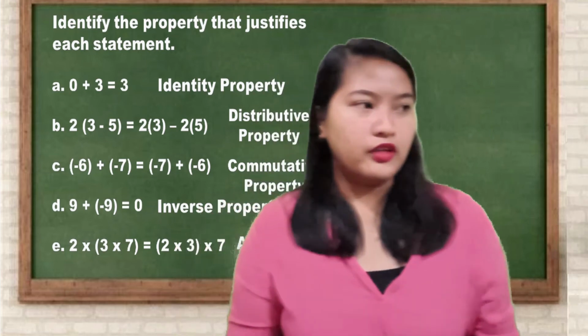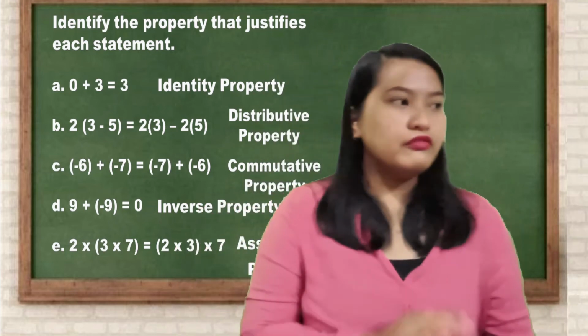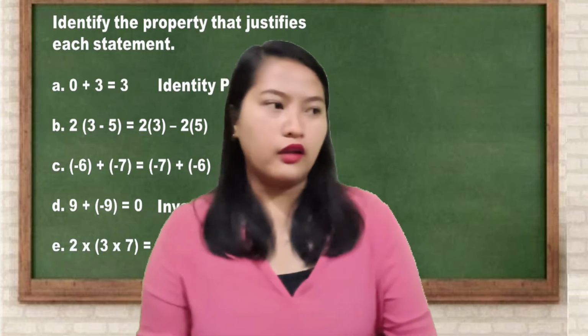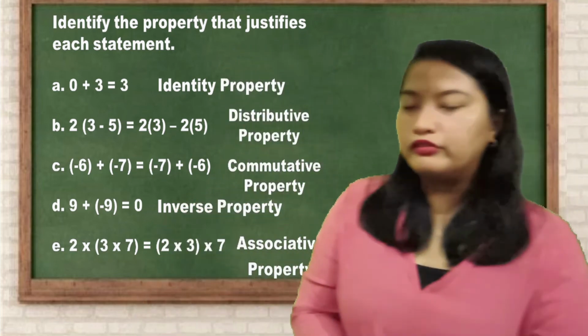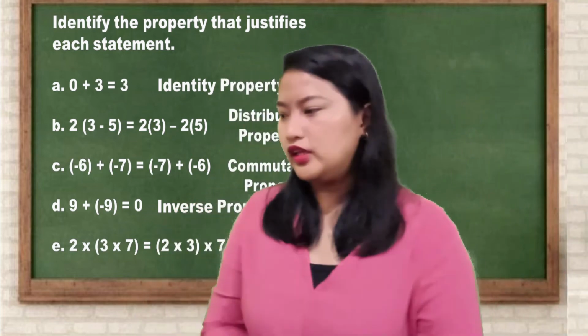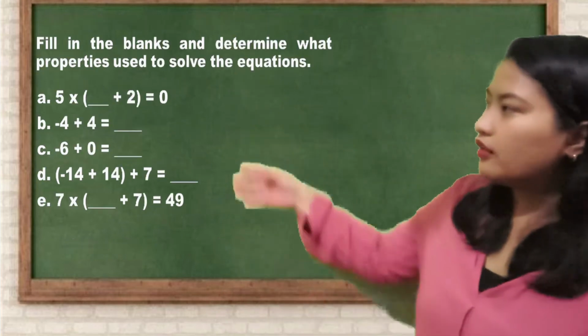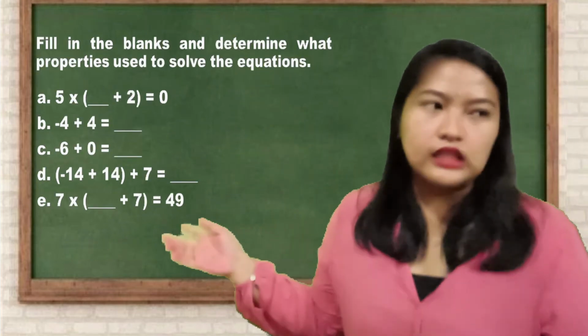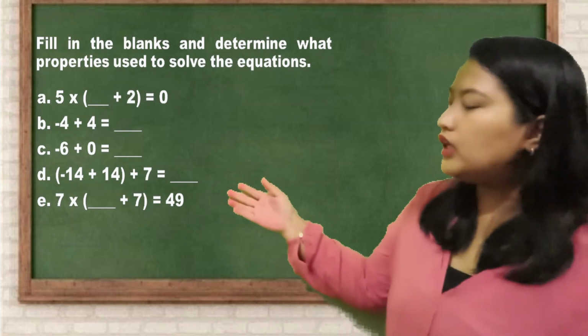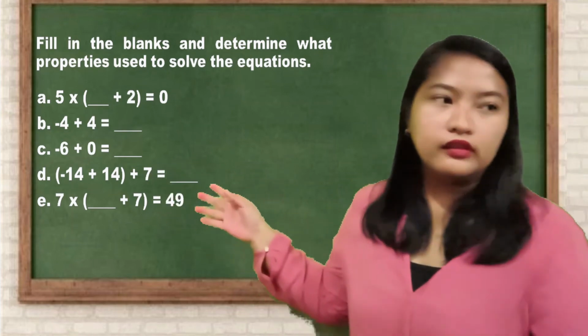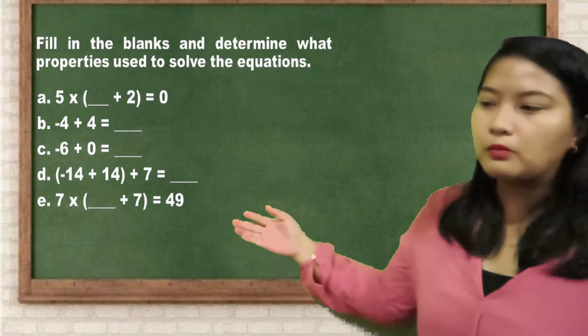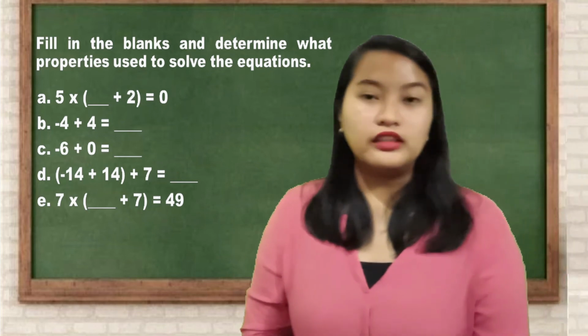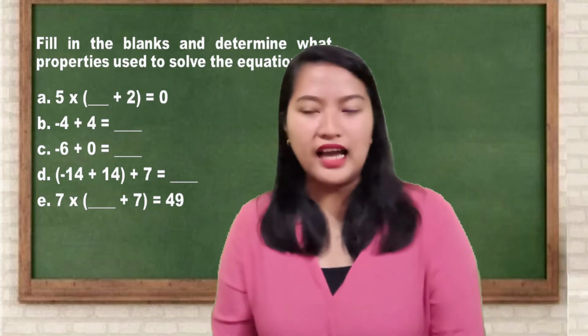1/4 sheet of paper in the count of 5, 4, 3, 2, 1. Okay, we have now a 1/4 sheet of paper. Okay, very good. So here is the sheet work that you need to do. Yes, you need to copy the following and find the missing number, then identify what property it is. So I'll give you 10 minutes to do the activity.